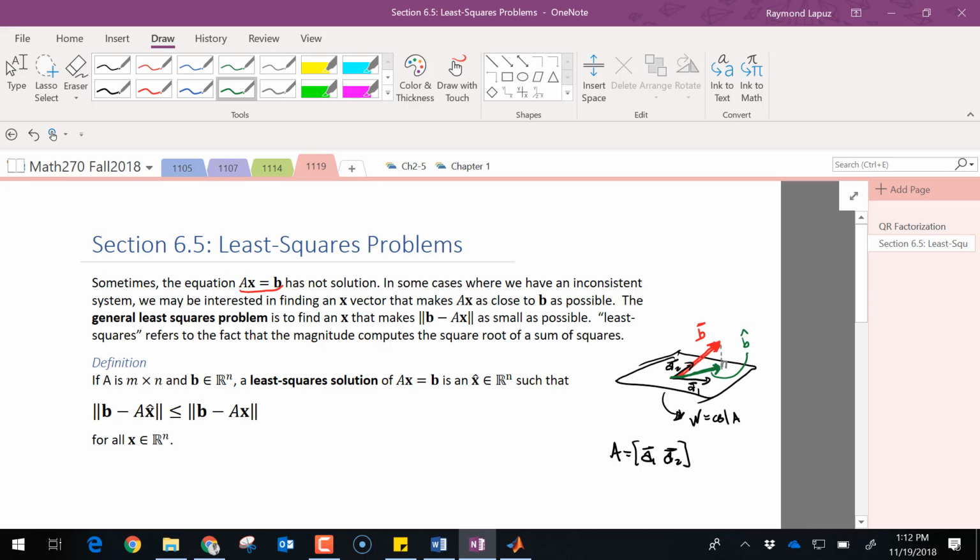So that B hat is now on the subspace W. So then that would have a solution.